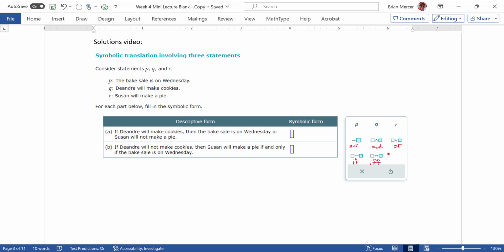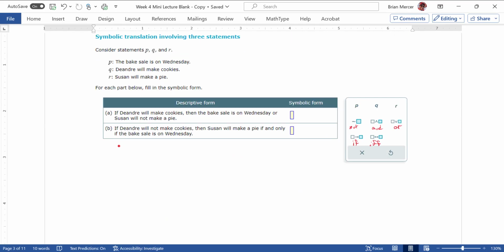And so we'll kind of break this one down into pieces. And so we're looking at this first part that says if. So there's an if statement. If we've got DeAndre will make cookies. Comma, important to think where the comma is. So we've got a comma here.